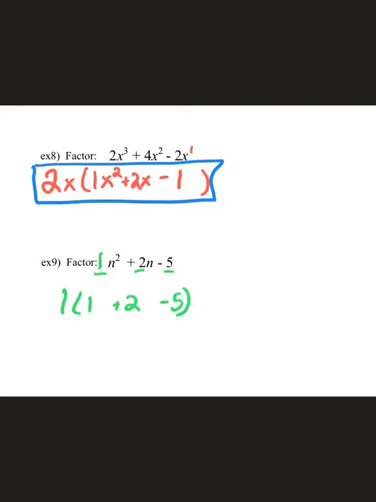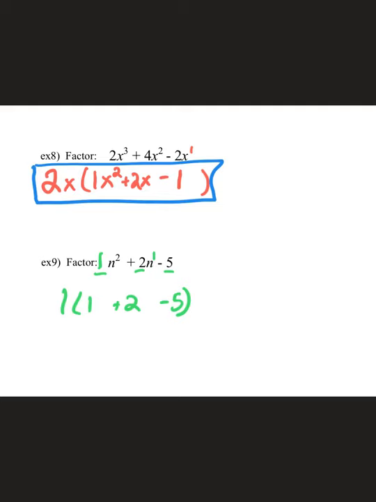But then when I look at the variables as well, I have to take out the smallest exponent. So the 1n squared plus 2n, that's actually 2n to the first. But if I look at the last term, the negative 5 doesn't have an n at all.